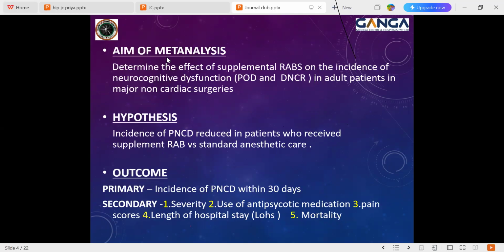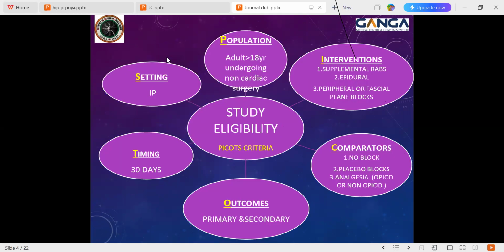There are two outcomes. The primary outcome measures the incidence of post-operative neurocognitive dysfunction within 30 days. The secondary outcomes look into the severity, any use of antipsychotic medications, the pain scores, the length of hospital stay, and the mortality.